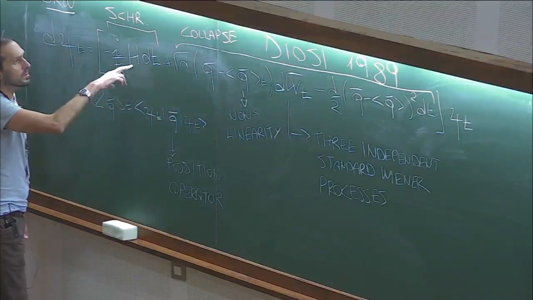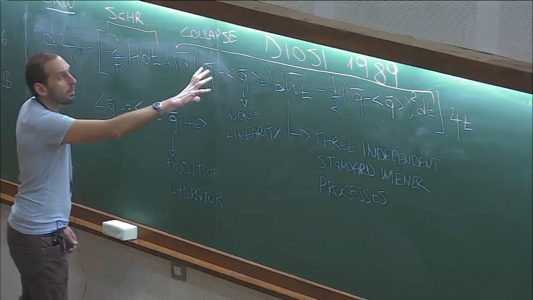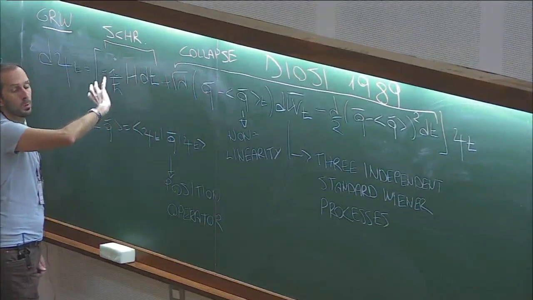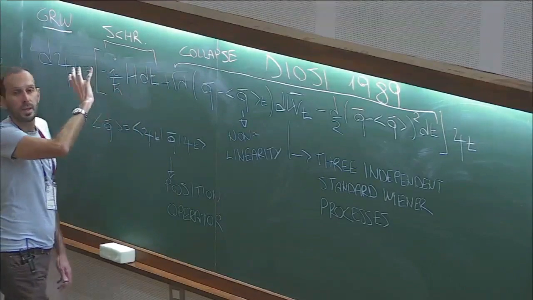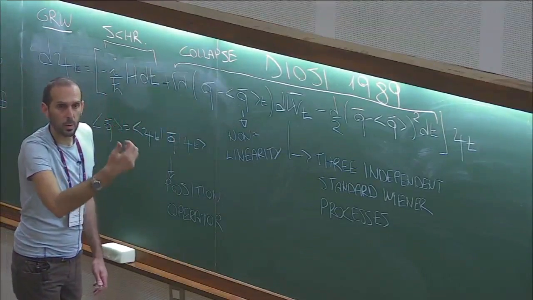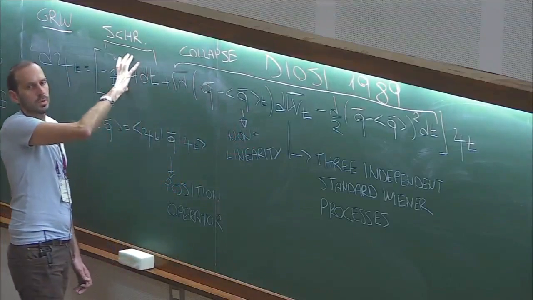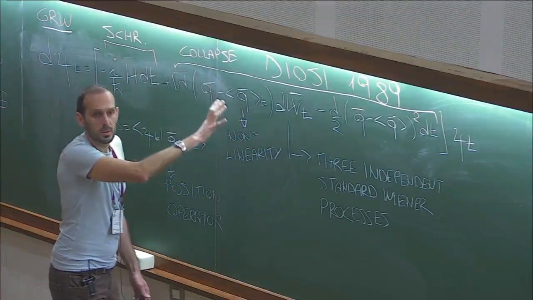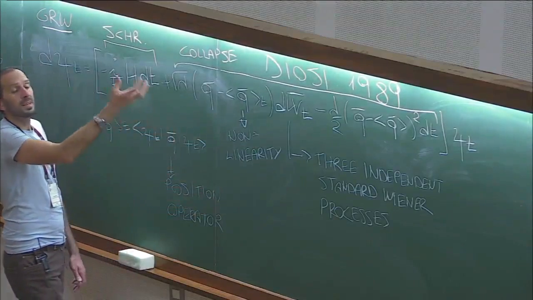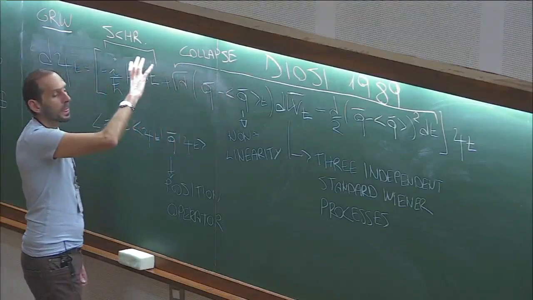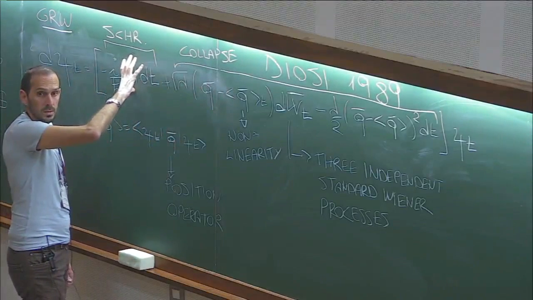Well, basically it depends on how many particles you have and on the Hamiltonian. As we will see, if you have just a few particles, one particle, this effect is completely negligible, and you just have the Schrödinger evolution. If you have a many particle system, we will see it now, the opposite happens. These effects become dominant, and this loses.